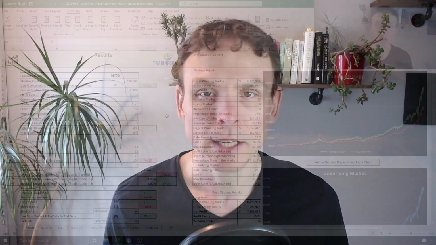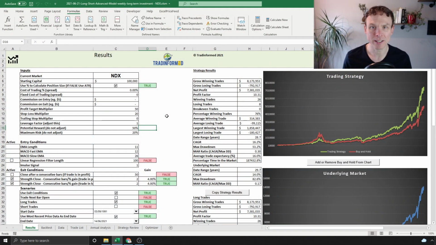This is a very particular type of indicator. It's really designed for momentum markets, and that's exactly what I have found. On the screen at the moment is how I tested this strategy. This is a trade-informed backtest model. It is built in Excel, and you can use it to test all sorts of different trading strategies, all sorts of different time frames, from the weekly time frame down to intraday time frames, and all sorts of different markets.